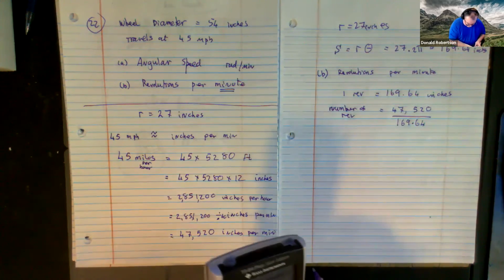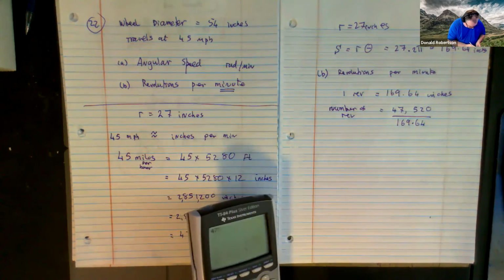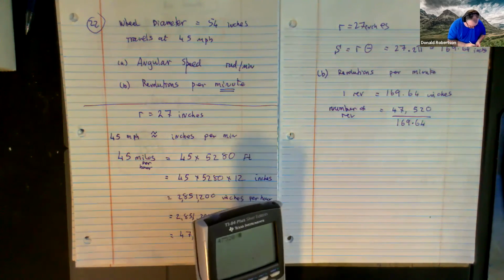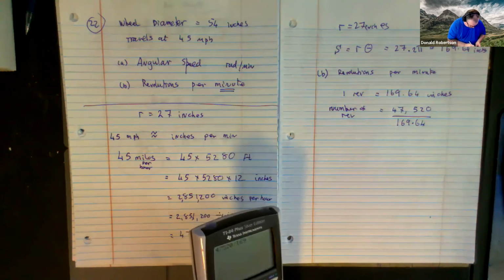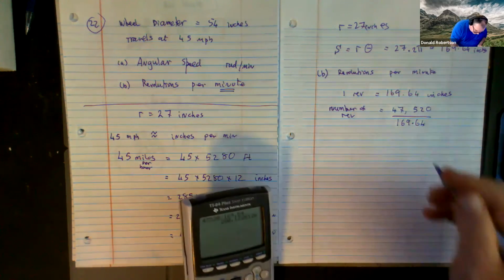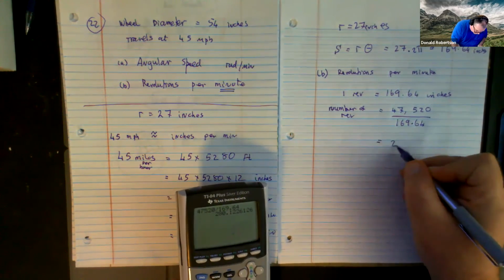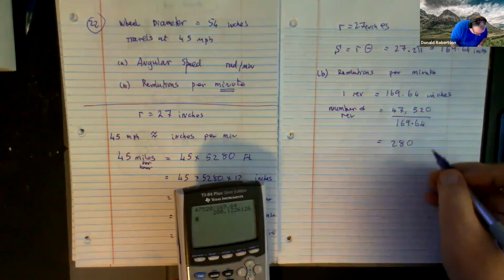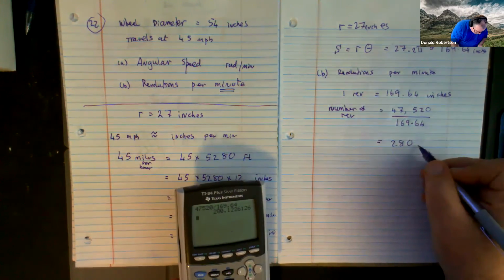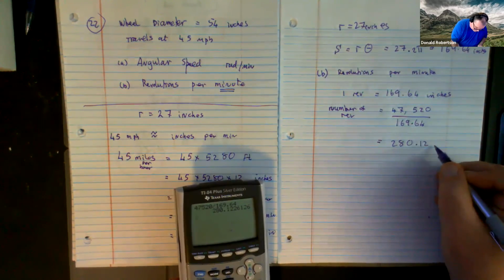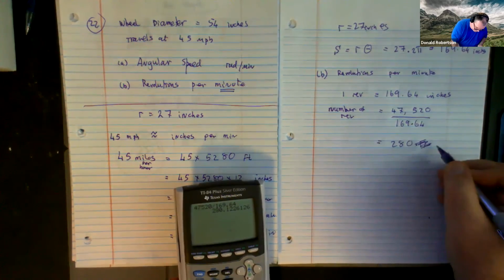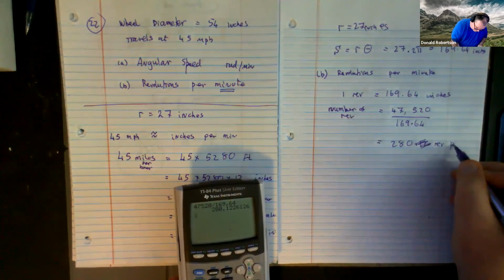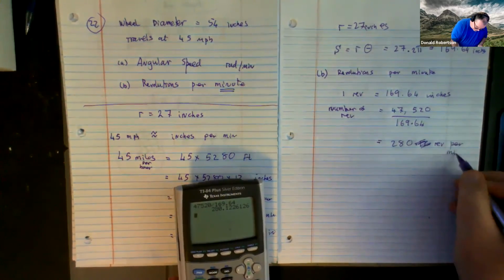So I've got 47,520, going to divide it by 169.64, and I get about 280. Do they have a mention of accuracy? Well, it's going to be 280.12 then. Let's just make it a whole number. Revolutions per minute.